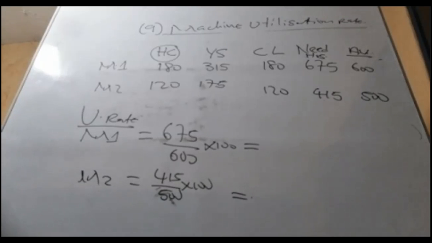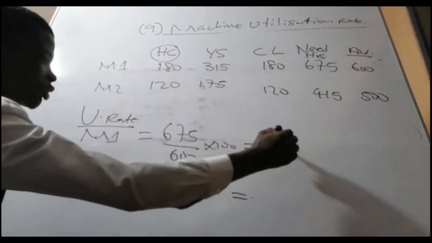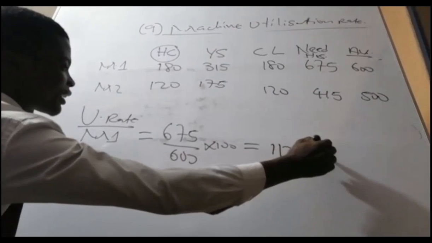Good. So 675 divided by 600, yes, so it will be more than 100. No, it's not wrong. So 112.5%.